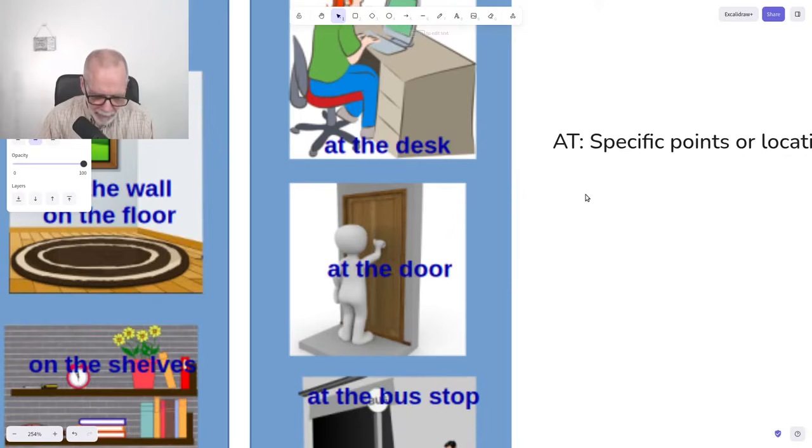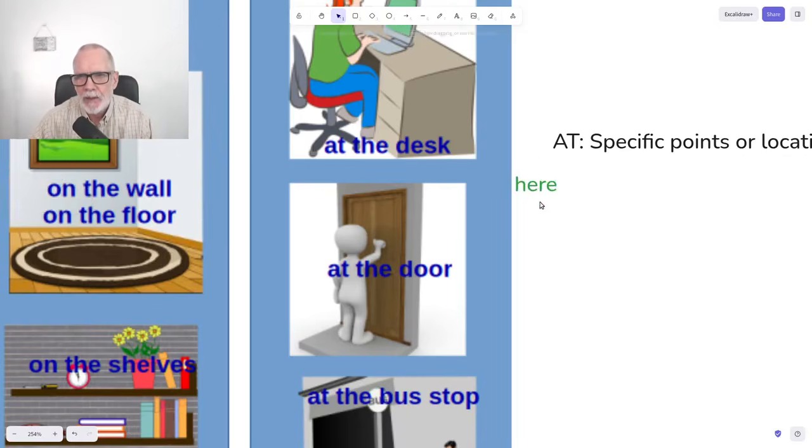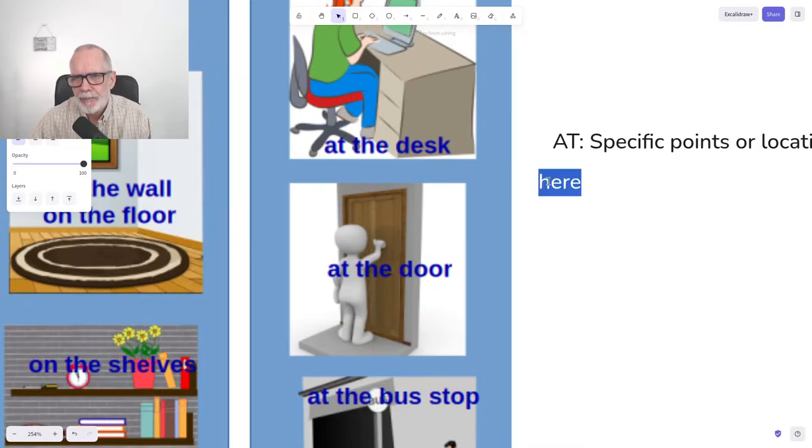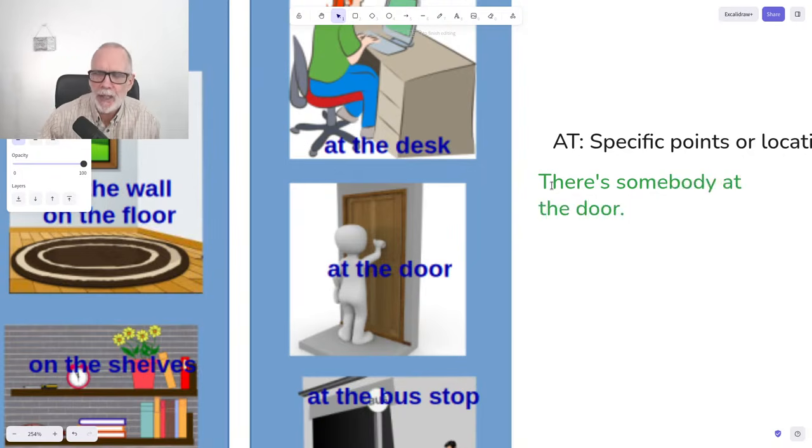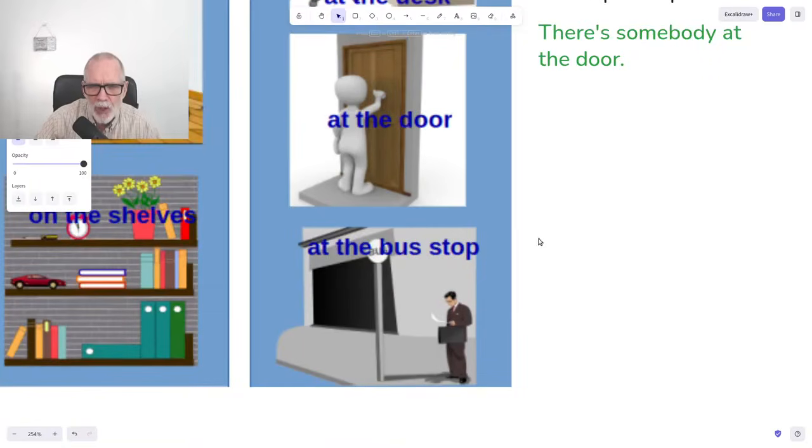There's somebody at the door. So, vemos esa persona en ese punto. Está en ese punto al lado de la puerta. Or at the bus stop. The bus stop is in the street.